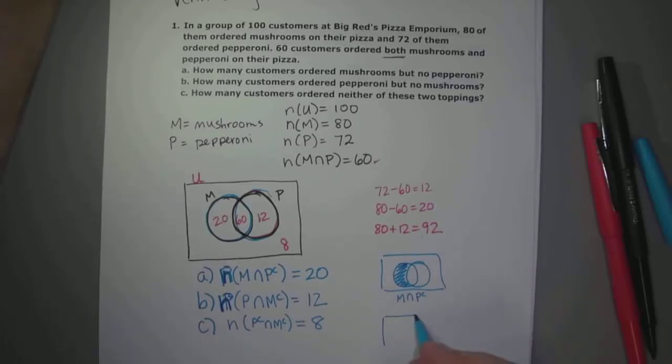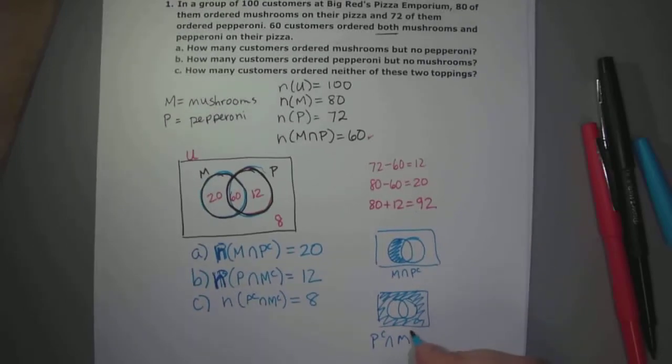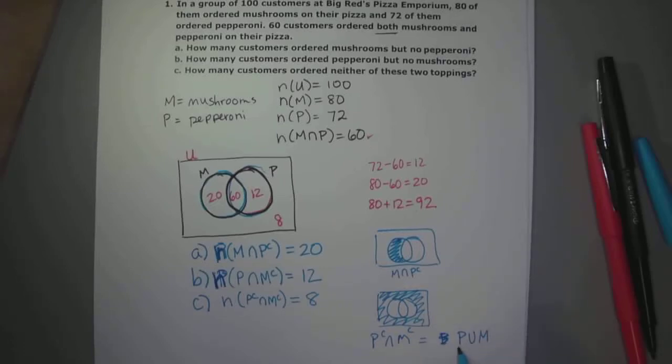Like this one down here is shaded outside. And I wrote that this way, but you could also write it pepperoni union mushroom, that's everything in here, and then put a big bracket and say complement, so not what's in there.